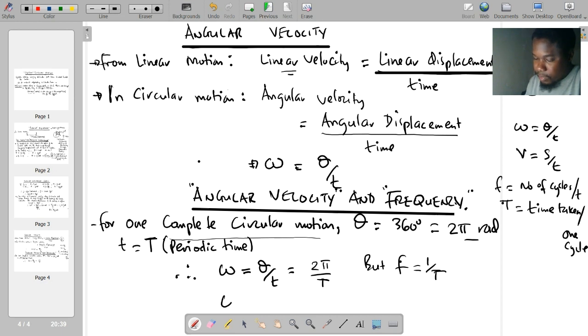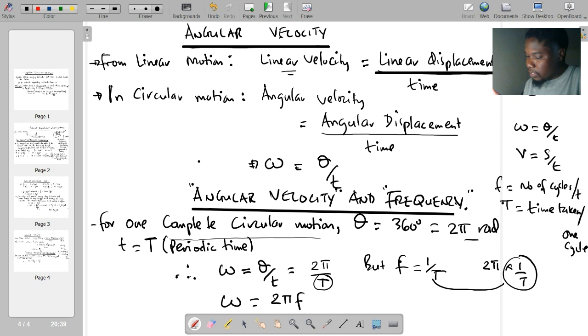Therefore angular velocity will be equal to 2 pi f. Why? Because the 1 over T can be written as 2 pi times 1 over T, and that's why we've substituted f here. That's the relationship between angular velocity and frequency.